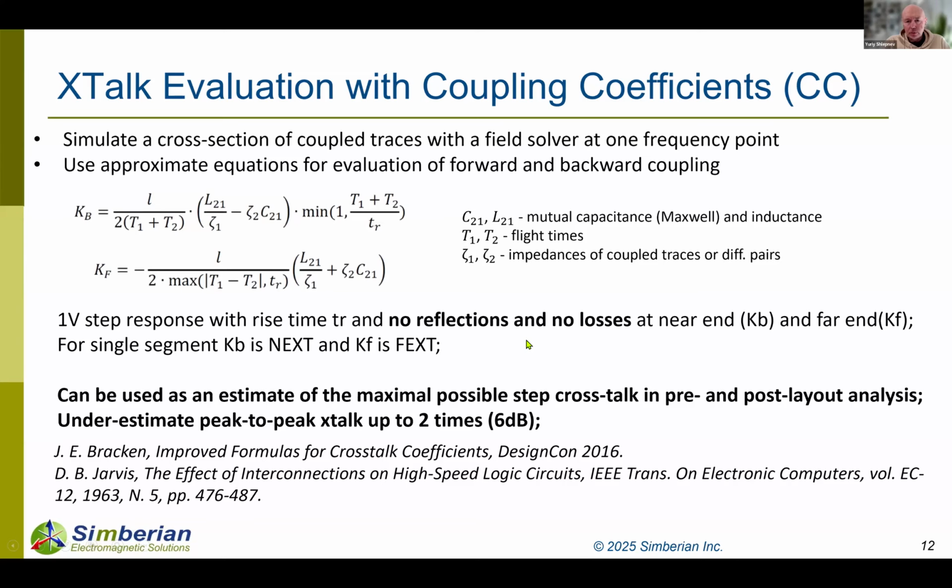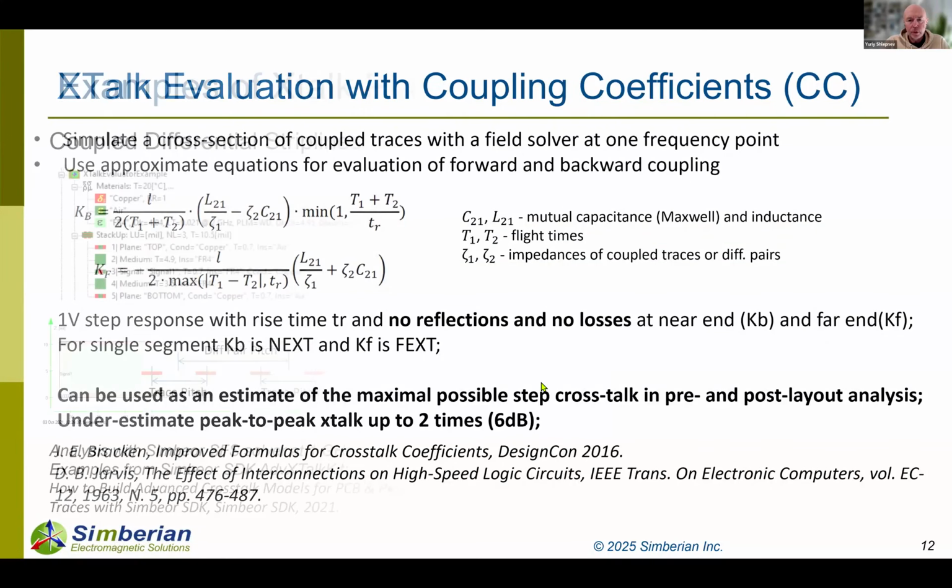It doesn't account for reflection, losses, and so it can be used only as a first step to evaluate the possible value of crosstalk. And right here, an important note that peak-to-peak crosstalk may exceed this value 2 times, by 6 dB.